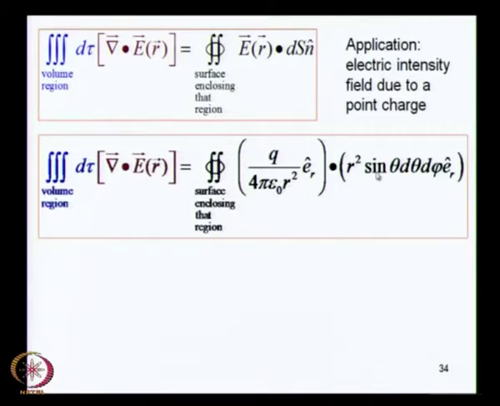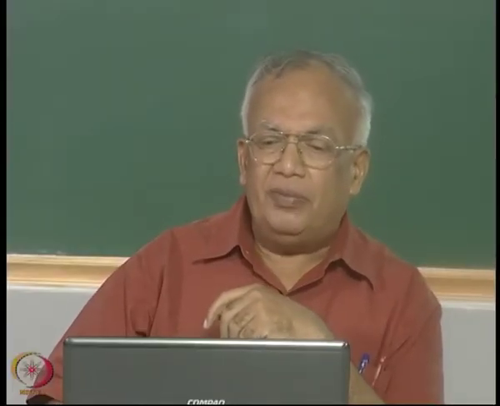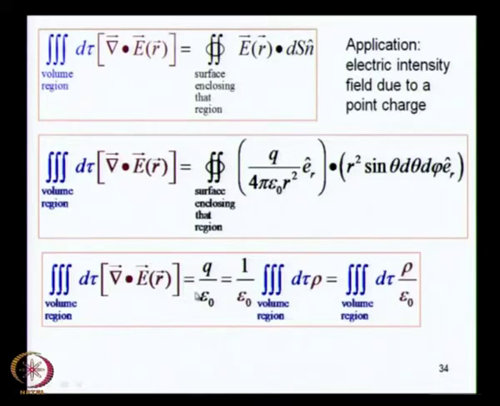What are you left with? All you need to do is to integrate the solid angle over all the angles, which is nothing but 4 pi, and that will cancel the 1 over 4 pi which is already there. So, the result is very simple. It will be just the charge divided by epsilon 0, as the 4 pi now gets cancelled off.